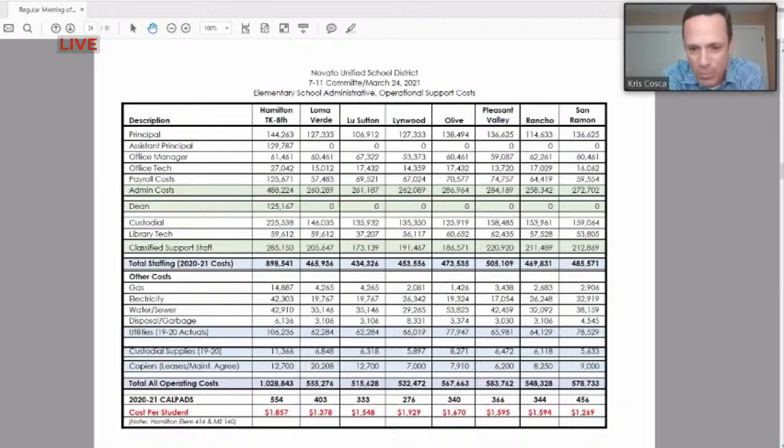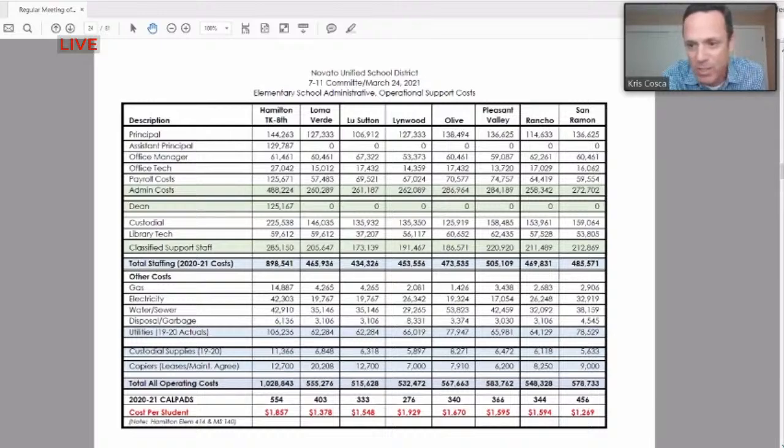It's the number of students. The staffing number and the administrative cost number are fairly consistent with the other schools, but you're dividing by a smaller number. The utilities costs are about the same as the other schools, but you're dividing by a smaller number, so you result in a bigger number. It's just about the scale.